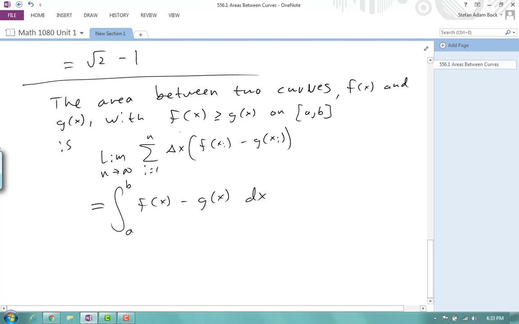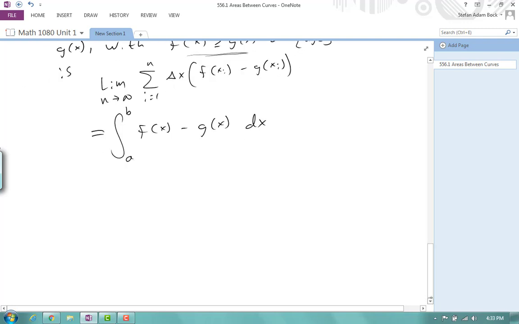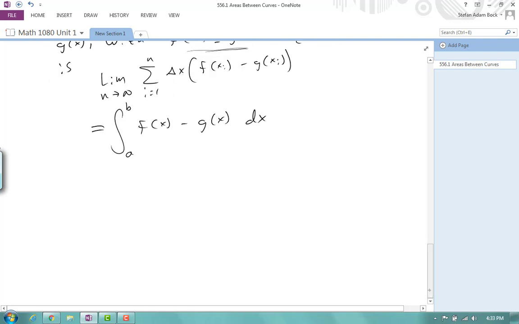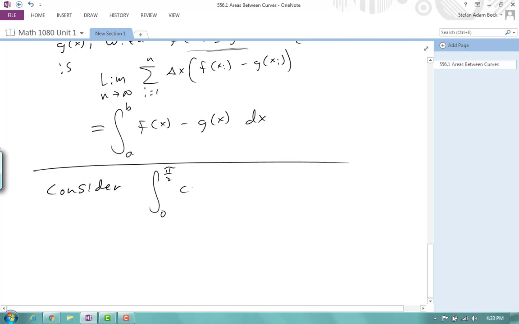Now you notice here that I said that f of x was greater than or equal to g of x. And there's a reason for that. I can use the same function above to illustrate that reason. So let's consider the integral from 0 to pi over 2 of cosine of x minus sine of x. Since there's a difference here, I could expect this to describe the area between the two curves, cosine of x and sine of x, on the interval from 0 to pi over 2.